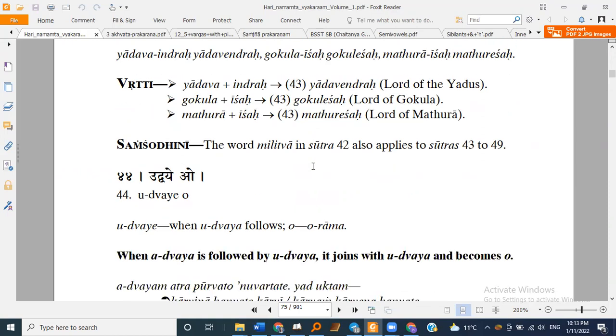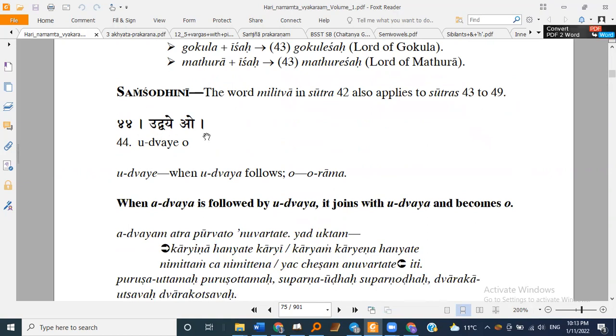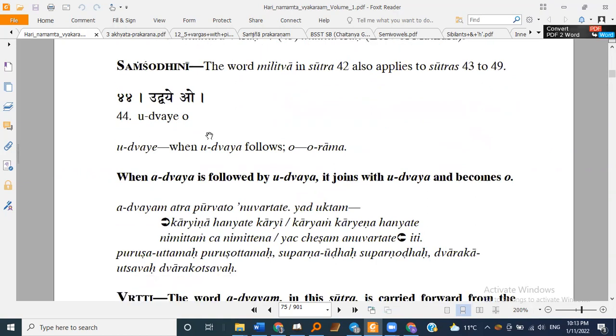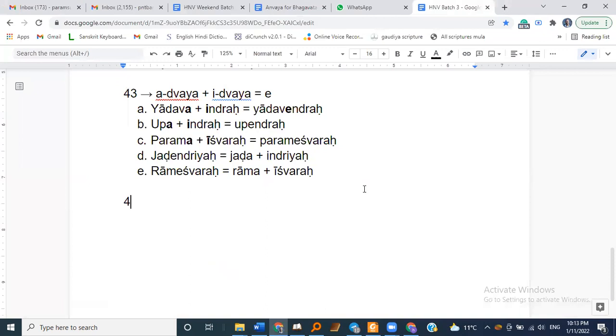Then the next sutra says Udvay O. That when Advaya is followed by Udvaya, Udvaya means U and U, it joins with Udvaya and becomes O. So Sutra 44 says, if we have Advaya followed by Udvaya, then both of them are replaced by O Rama.